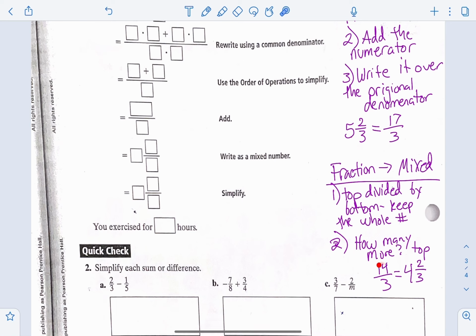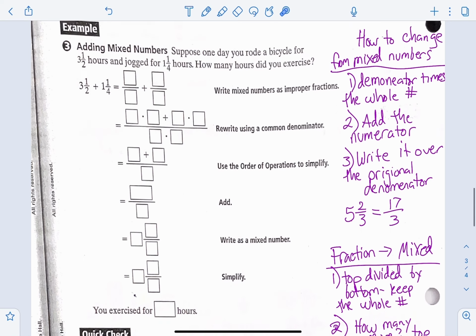So top divided by the bottom, the whole number was 4. 4 times 3 was 12, so we know we needed 2 more to get to 14, so we have 2 over 3. Okay, so that's just going to help you because on this, you're going to have to go back and forth between the two. So keep those handy so that you can remember how.